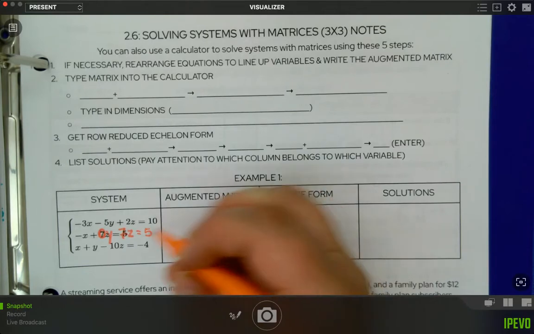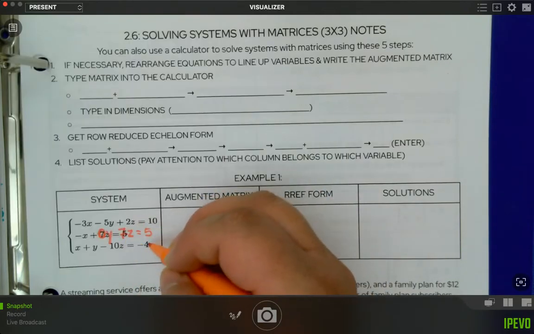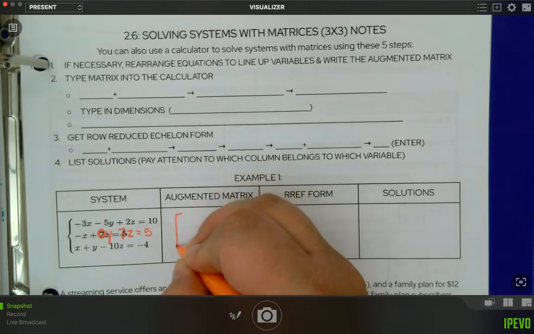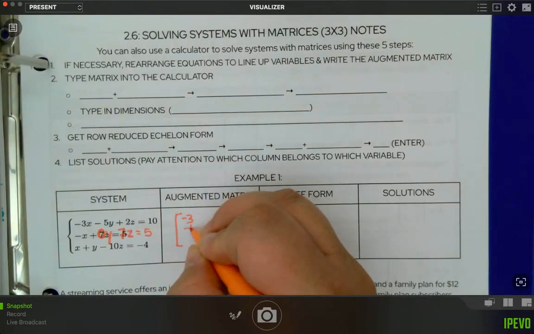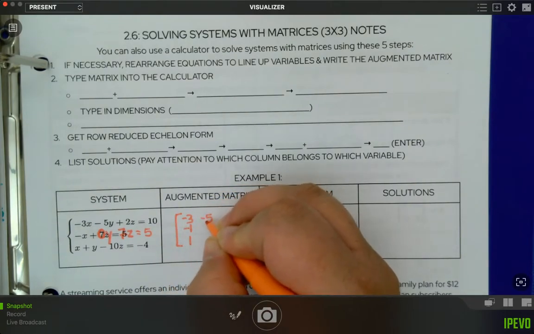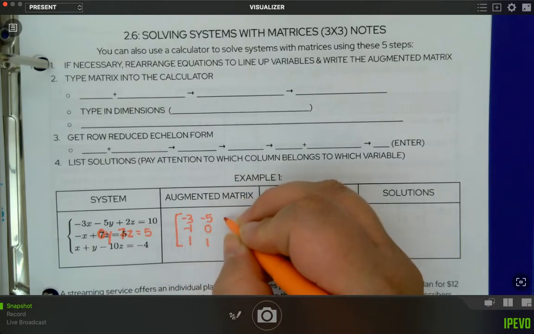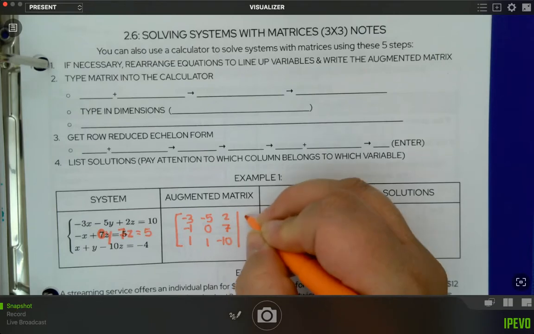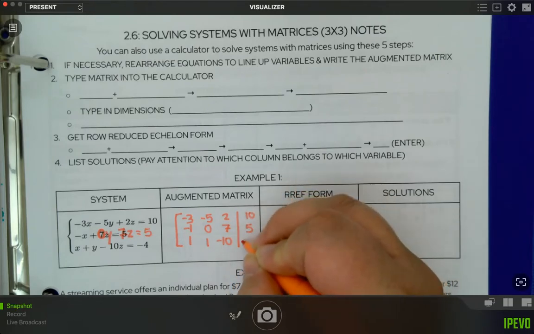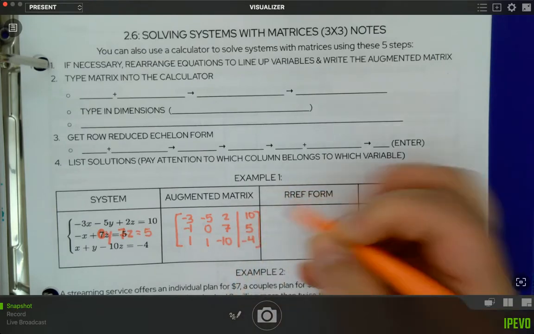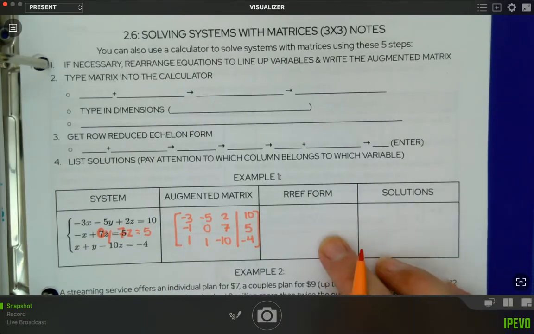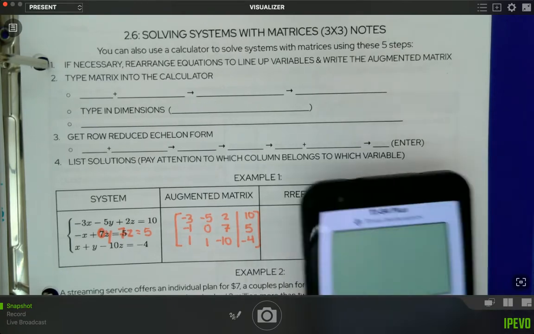So I need my z's lined up, my numbers lined up, my y's lined up, etc. And then we're just going to put that in matrix form, like this. Then we're going to type that into our calculator to get the row-reduced echelon form. That's just the form that helps you find answers.